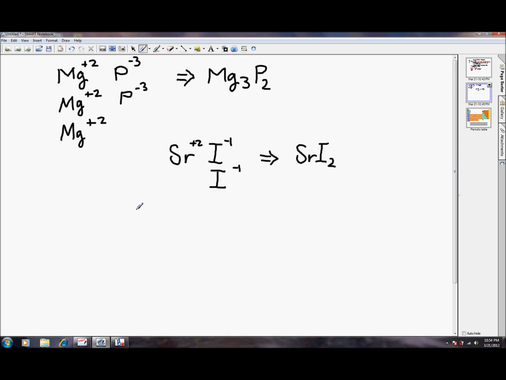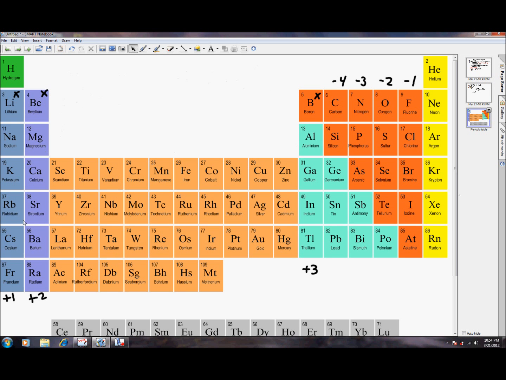One last example. What happens if you put magnesium and oxygen together? Let's look at our periodic tables. Here's Mg, positive 2. Here's O, negative 2.